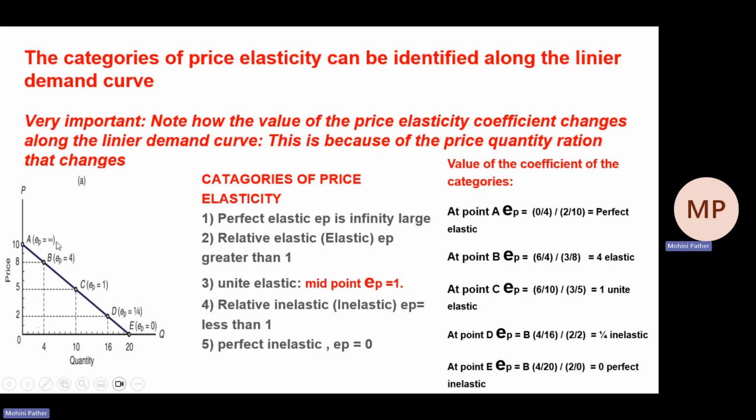Over here, I'm sorry, we have a very elastic demand at point B because it has a high elasticity coefficient, in which case a relatively small change in price will result in a monumental shift in quantity. Obviously, at point A, we have reached perfectly elastic, so any change in price results in zero quantity being demanded.